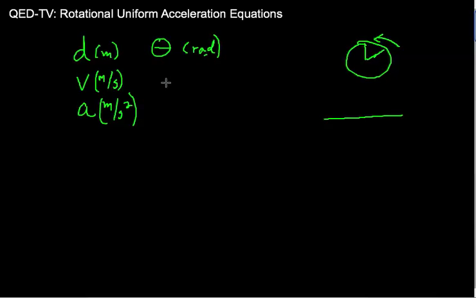So then we have velocity, and that's going to be, you know, how fast is it rotating? How many radians is it turning per second? And the symbol that we use for that in the rotational world is omega, and that's going to be in radians per second, how many angles per second.